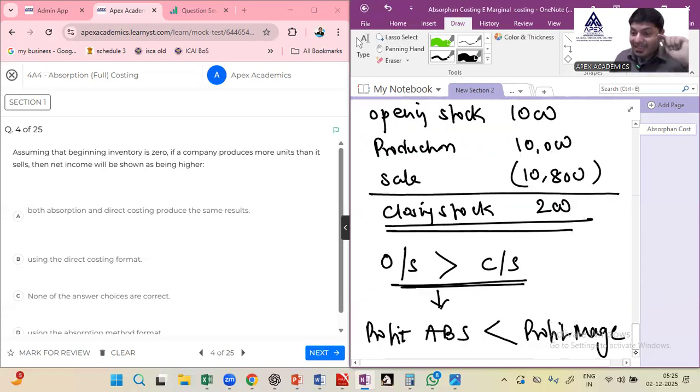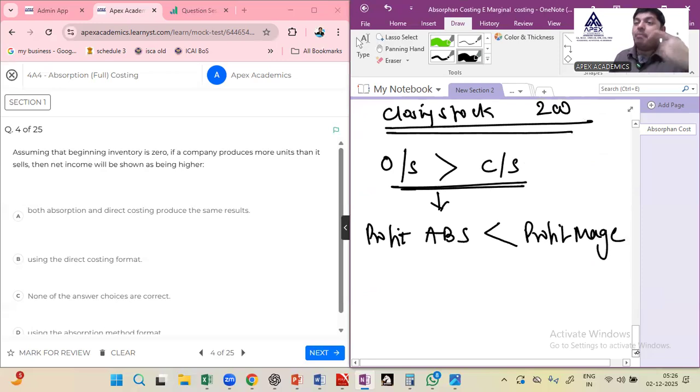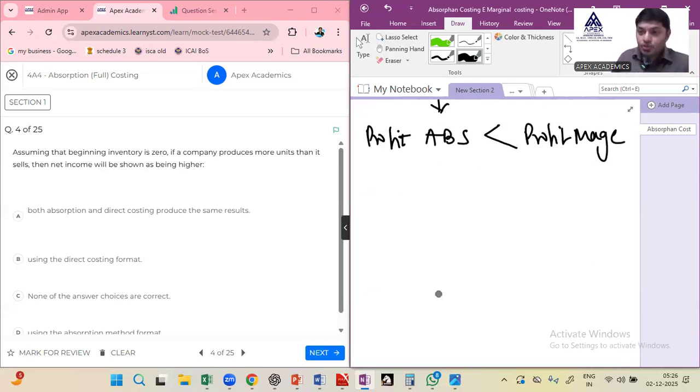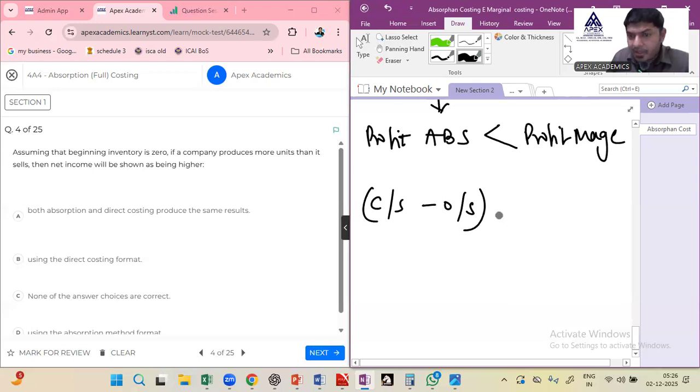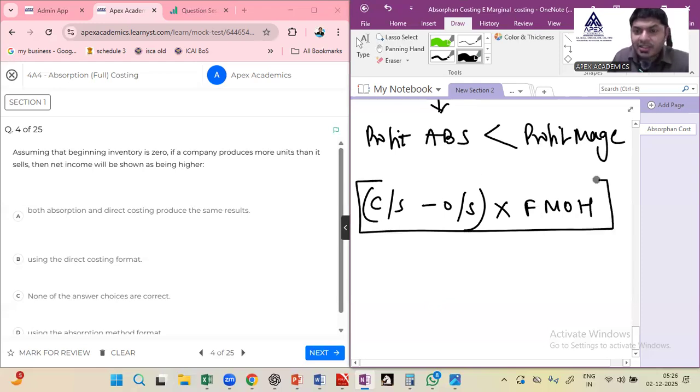Here, an interesting question is, by how much? There is a formula for the same. If I say closing stock minus opening stock multiplied by fixed manufacturing overheads, this will give me how much my profit is either higher under absorption costing or lower under absorption costing.